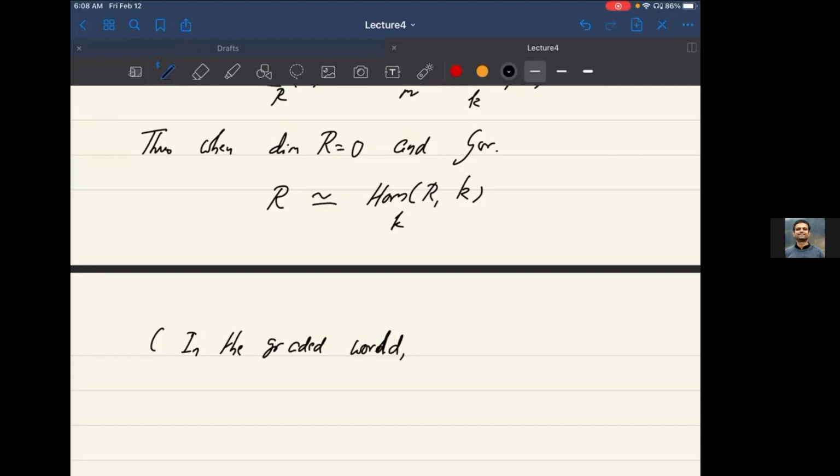And let me not write I, but some other invariant. In fact, that's what one would call the a-invariant. So let me not confuse matters about something else. If you were in the graded world, you would get an isomorphism like this.